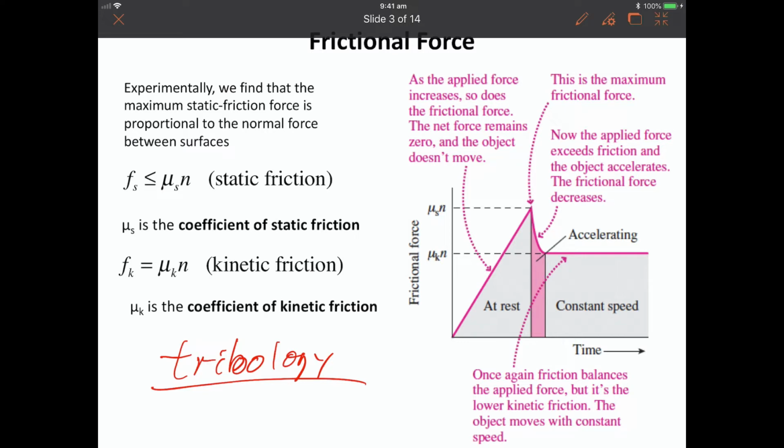Otherwise, you can imagine if two parts of the machine are in contact, because of the friction, it generates so much heat, it can melt the material, and then you can damage the machine. Therefore, removing the heat from the friction is one of the most important parts studied in mechanical engineering.